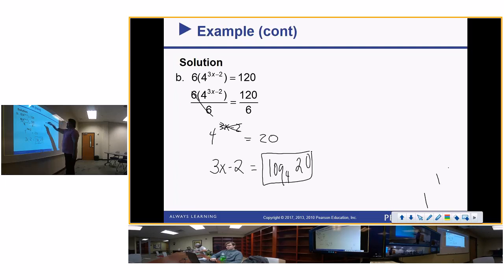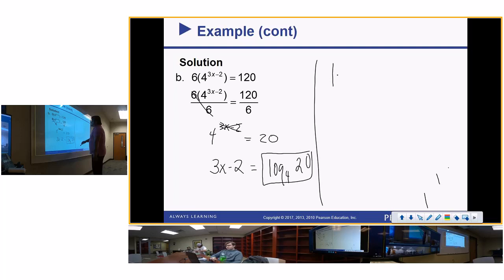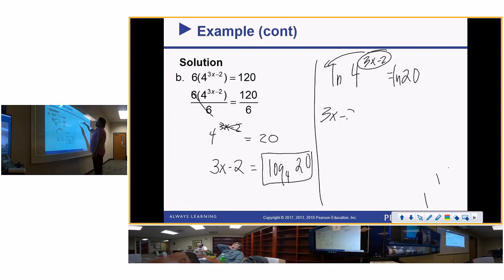So take the log of both sides. Natural log of, well, you don't have to, I would go ahead and divide by 6. Natural log of 4 to the 3x minus 2 equals 20. Natural log of 20. And then what? Power rule. Power rule goes out. 3x minus 2 times natural log of 4 is equal to natural log of 20.